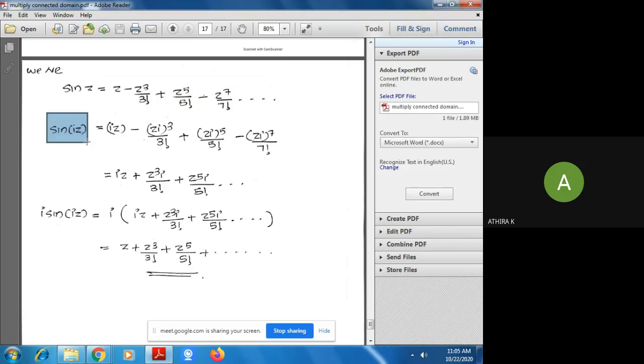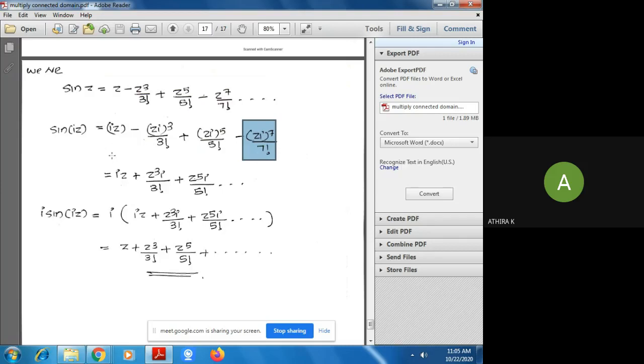So, sin of iz is equal to iz minus zi whole cube divided by 3 factorial plus zi raised to 5 divided by 5 factorial minus zi raised to 7 divided by 7 factorial.